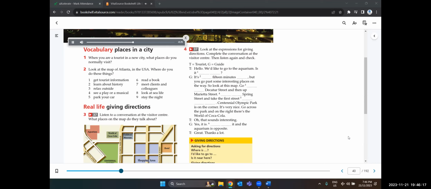Go across Spring Street, and take the first street on the right. Centennial Olympic Park is on the corner. It's very nice. Go across the park, and on the right, there's the World of Coca-Cola. Oh, that sounds interesting. Yes, it is. Go past it, and the aquarium is opposite. Great, thanks a lot.